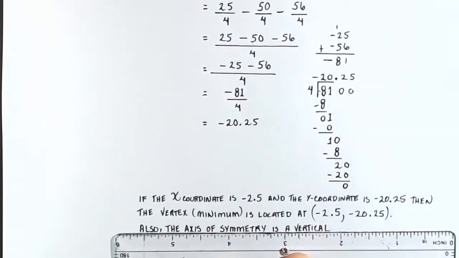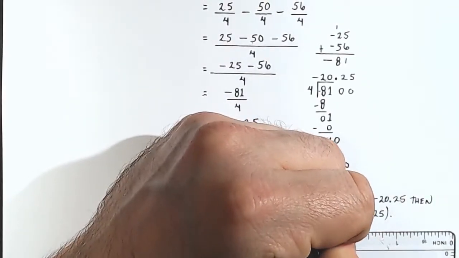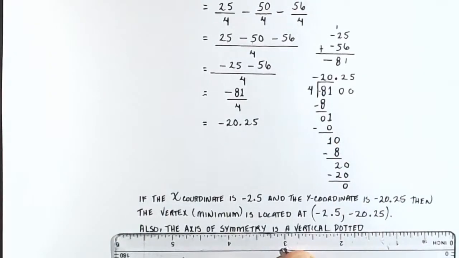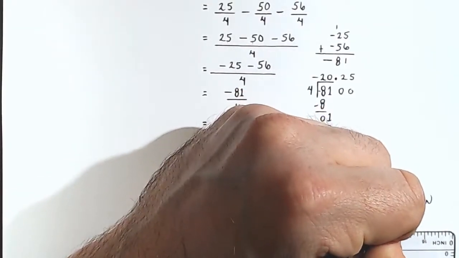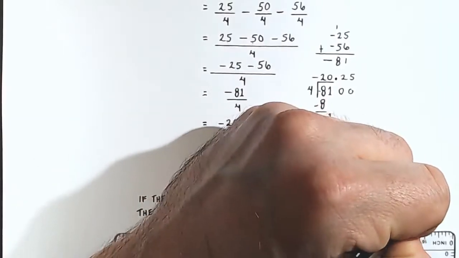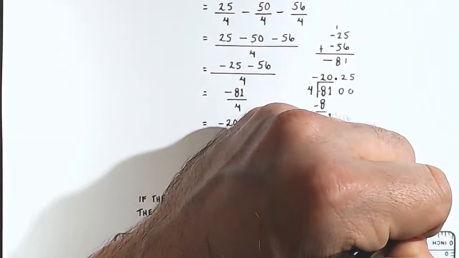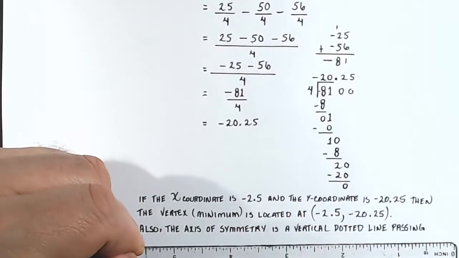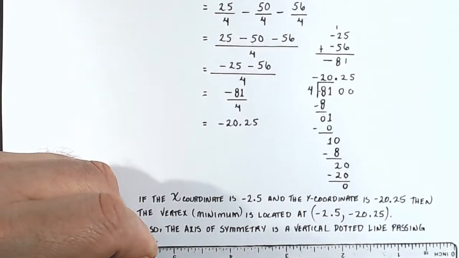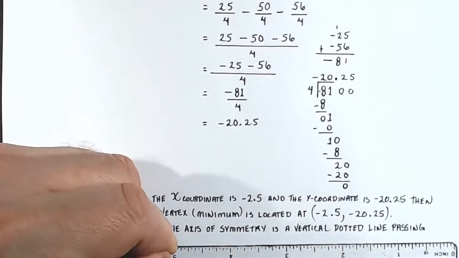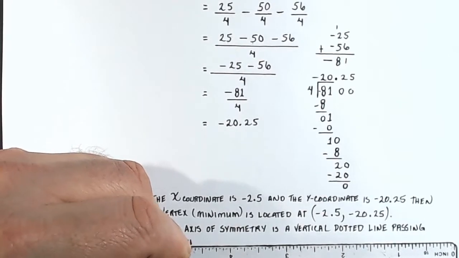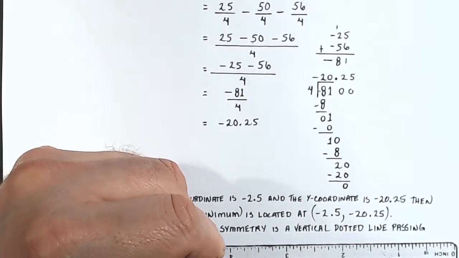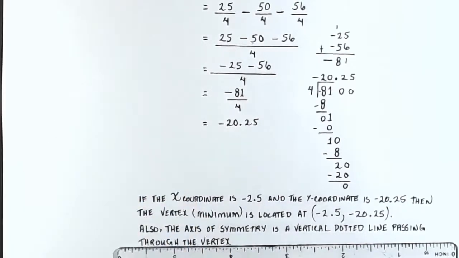Well, I should say vertical dotted or dashed line, because it's not part of the function. The vertical dotted line passing through the vertex. Okay?